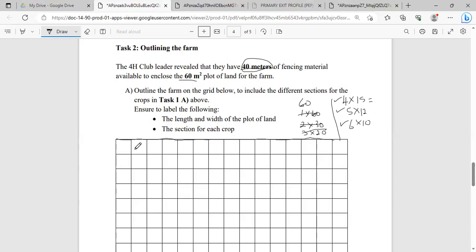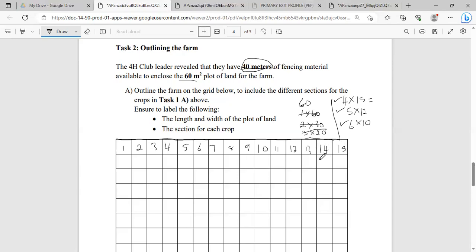Let me check them. This is the easiest way to do it, guys. Ensure that it's 15. All right, so I should go right across to get our 15.